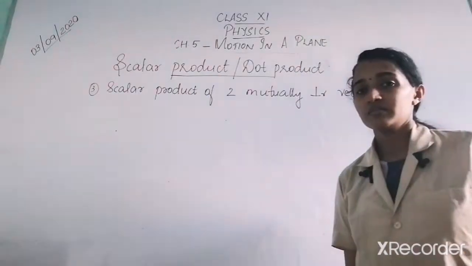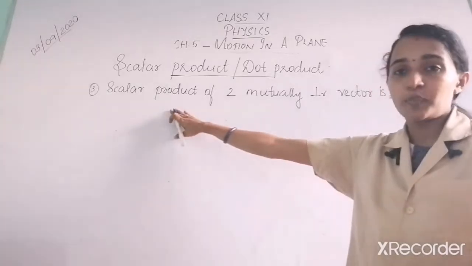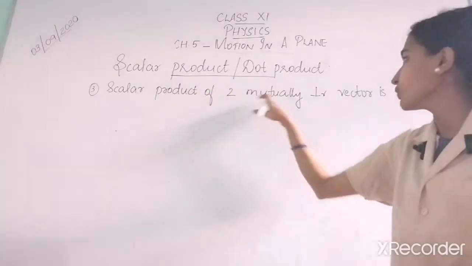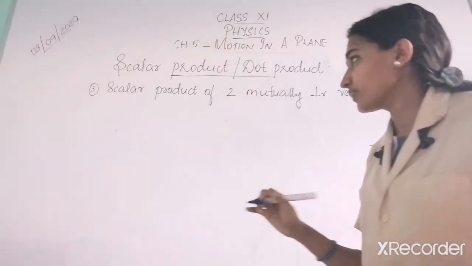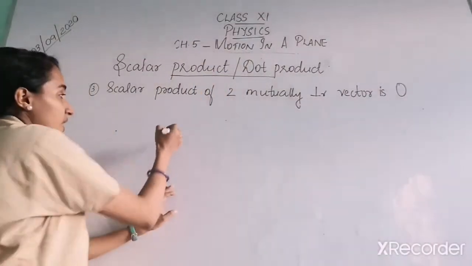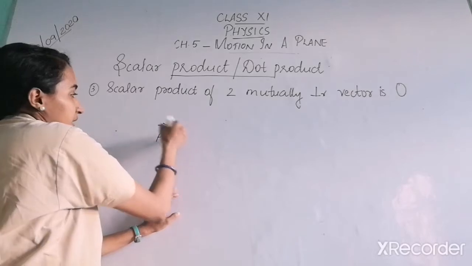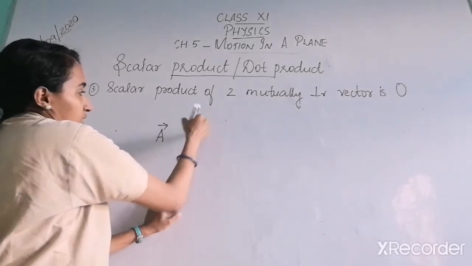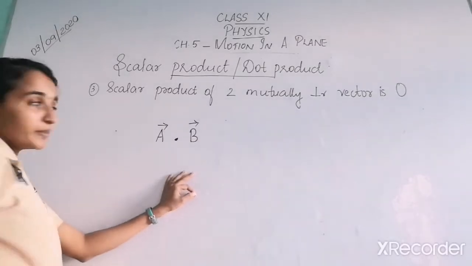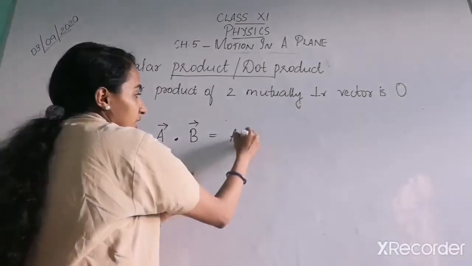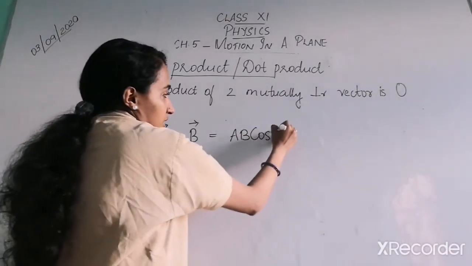Now the third property is that the scalar product of two mutually perpendicular vectors is 0. You can prove that if you have two vectors A and B, the scalar product A dot B expands to AB cos theta.